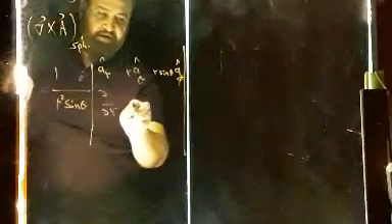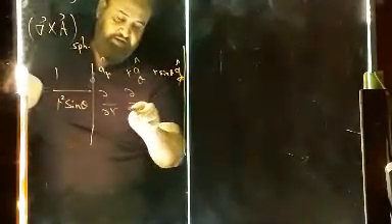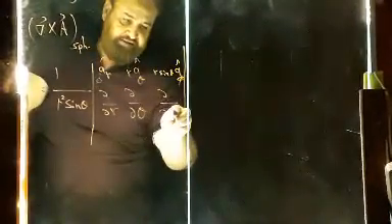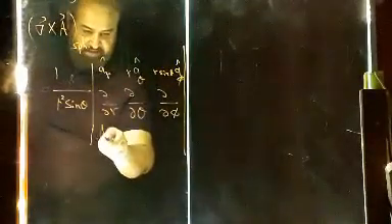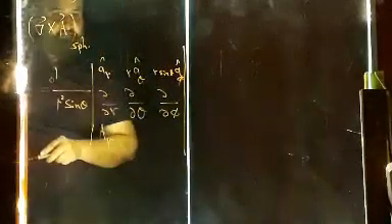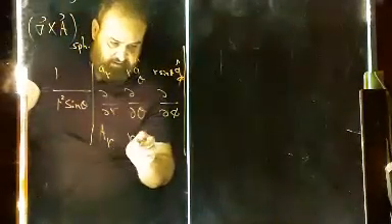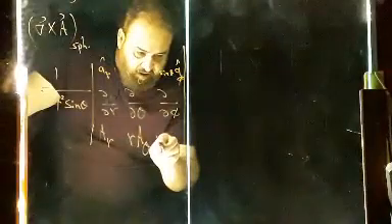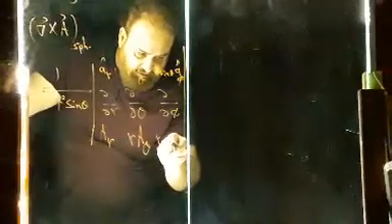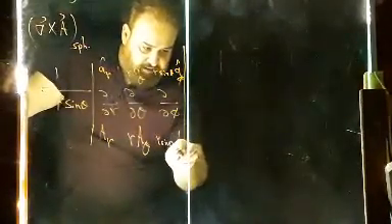Partial R, partial theta, and partial phi. This is A sub R, and this is R A sub theta, and also R sine theta A phi.